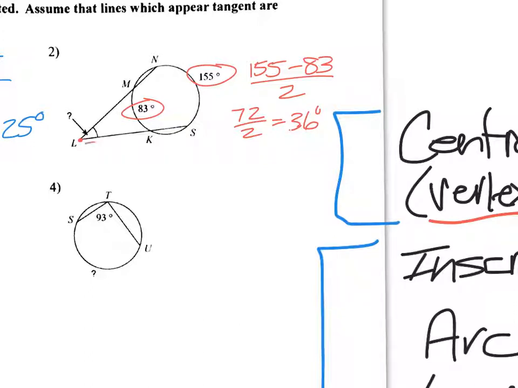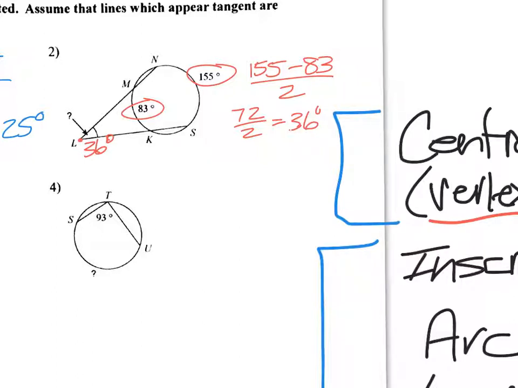So this would be 36. Now, again, remember what we said. It's got to go small, medium, large. Make sure you understand that concept when you're going through.